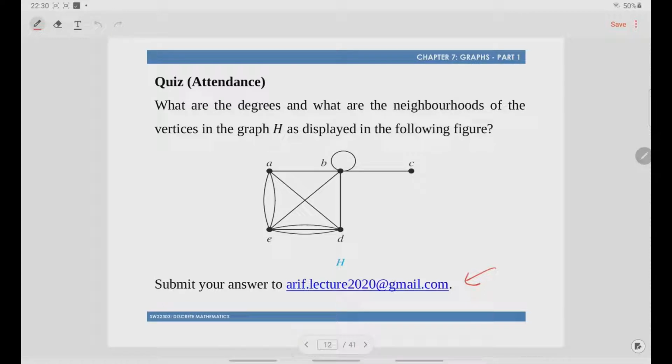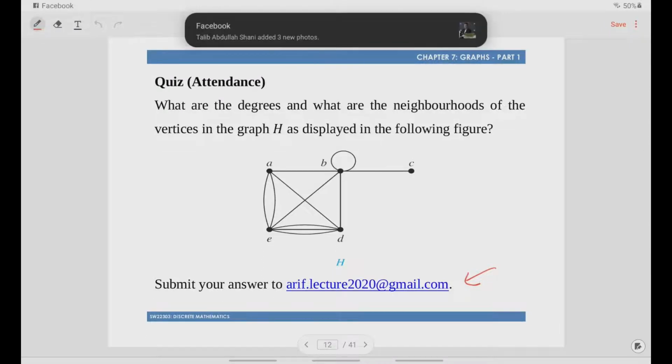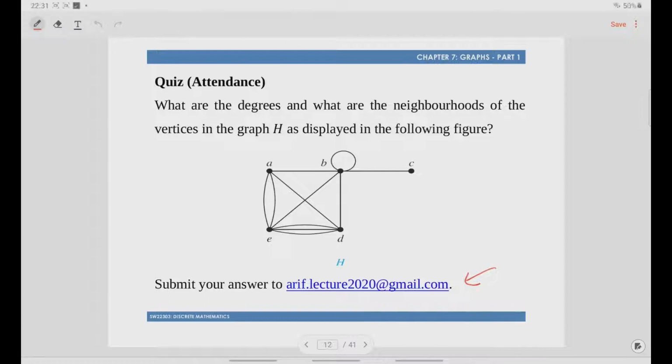Just like the given example in the previous slide, this quiz also asks you two different tasks. The first task is about the degree, and the second task is the neighborhood.